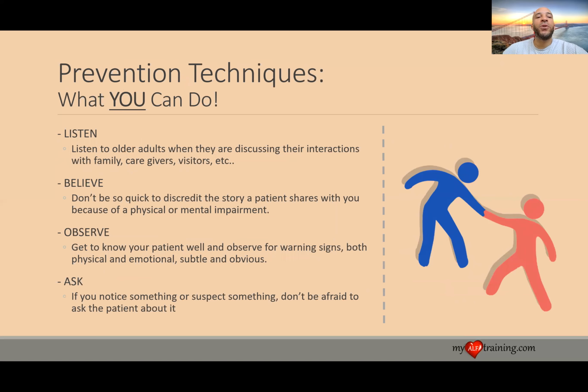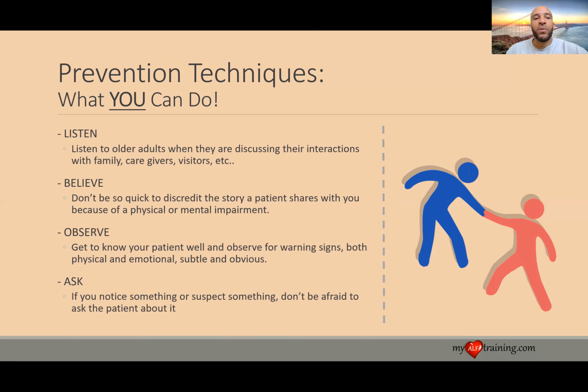Now, what can you do? The first thing we can do to help prevent abuse from happening is to listen to older adults when they're discussing their interactions with family, with caregivers. And I'm not saying for you to eavesdrop, but just to listen, because elderly patients, they do like to talk. In my experience, they do like to talk a lot.